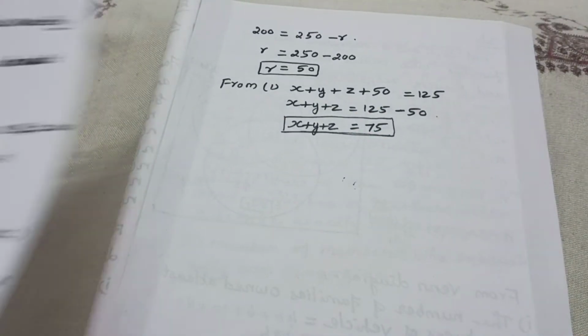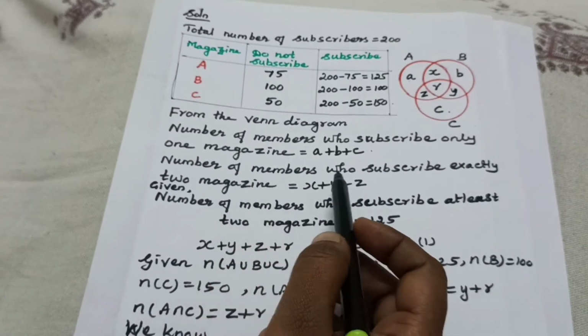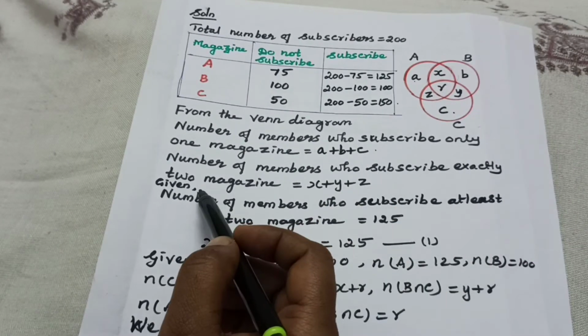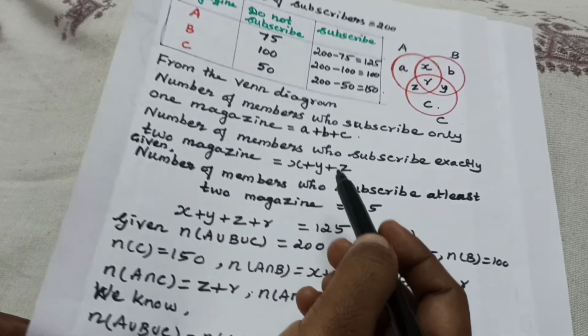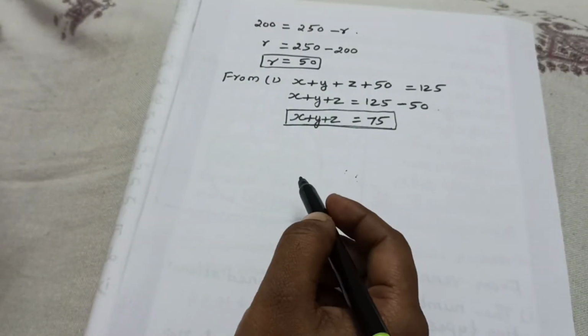Okay, that means what? Already we took it, isn't it? The number of members who subscribe exactly to two magazines we want to find, isn't it? So this answer we got.